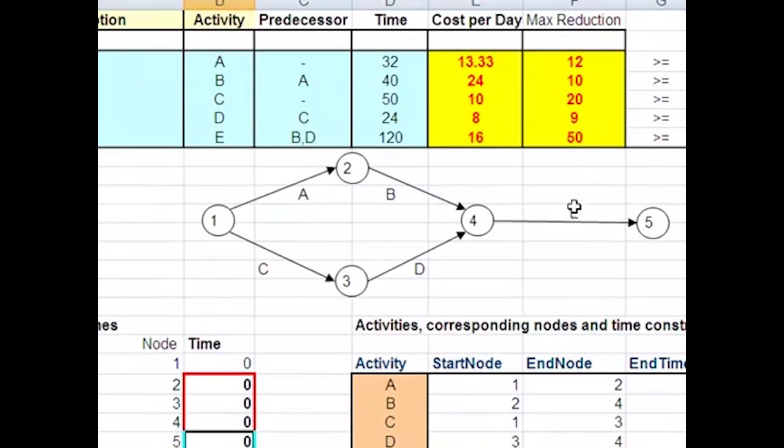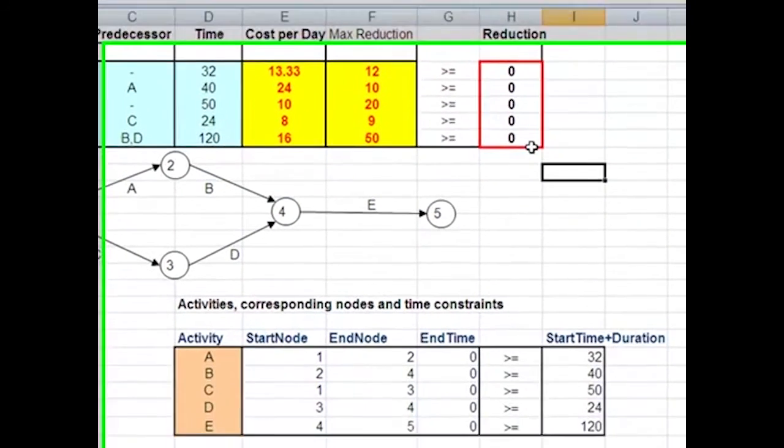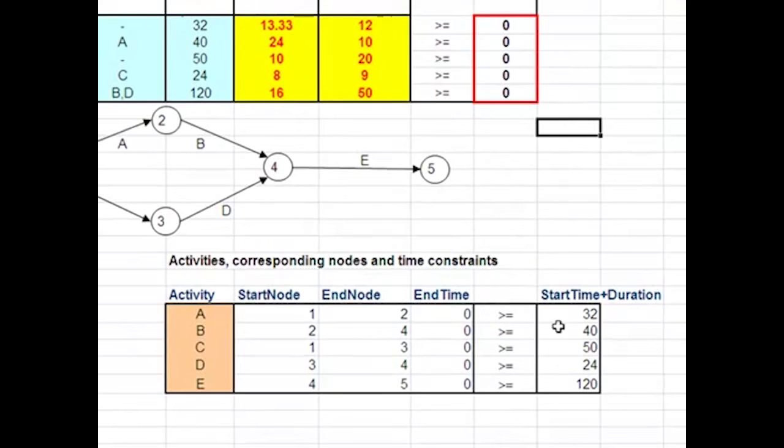But then the time for each activity is changing, because in this case we also consider additional decision variables: the crashing of each activity by how many hours. So these are the crashing decisions here in this range. Similar to the previous case, for the CPM part, the ending time for each activity should be larger than or equal to the starting time plus the duration of each activity.